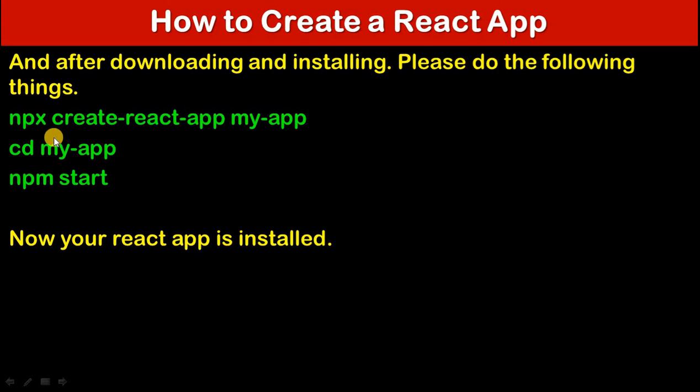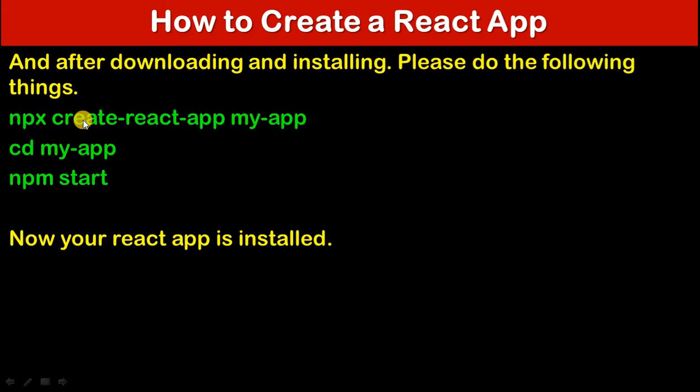It means you are going into this directory, and after entering this directory you need to start the app by running npm start. In this way your React app is installed and it will start. Like this you can install and start your React app.